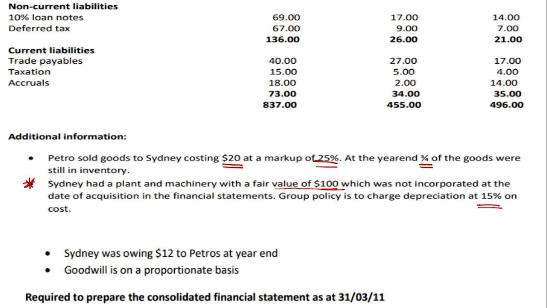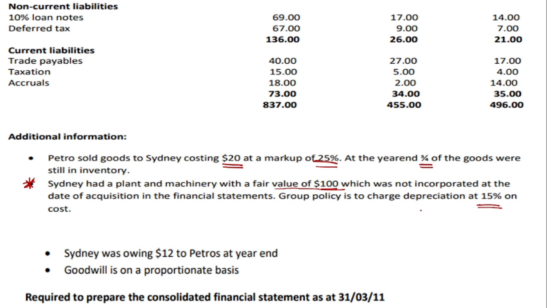So you're saying that at the date you are acquiring this company, these guys have assets with a fair value of 100, so we have to incorporate it. No wonder at the date of acquisition we are adding it, even at reporting, except that at the reporting date it would have lost value by 15% because you depreciate at the end of the year. Okay, that's how we have that.